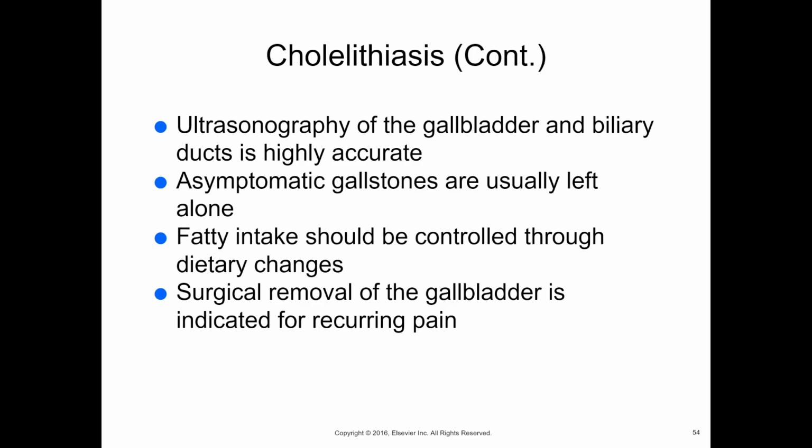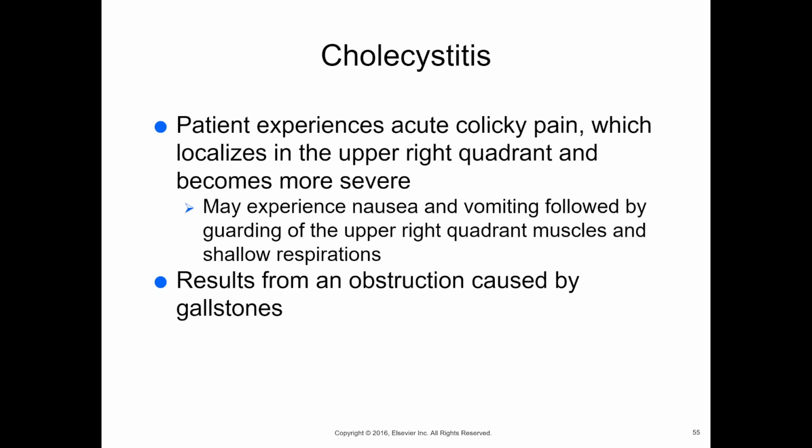so they're not always seen on X-ray. There are medications like chenodeoxycholic or ursodeoxycholic acid that can be taken to help dissolve gallstones, especially in patients that are very ill and can't undergo a surgery. Fatty intake is typically associated with this, and if an individual has a high level of recurrent liths, they will remove the gallbladder.